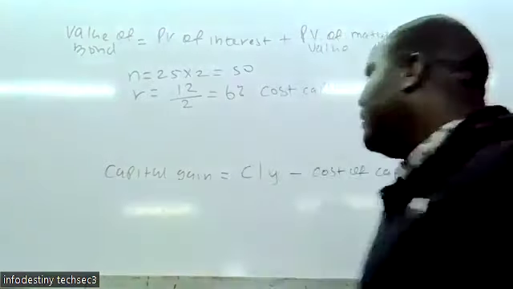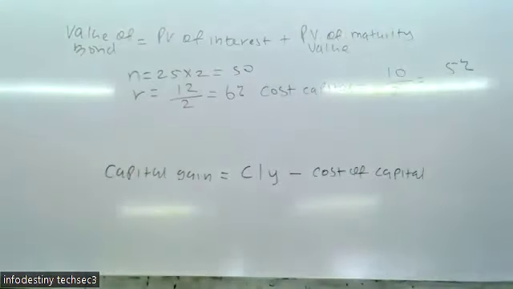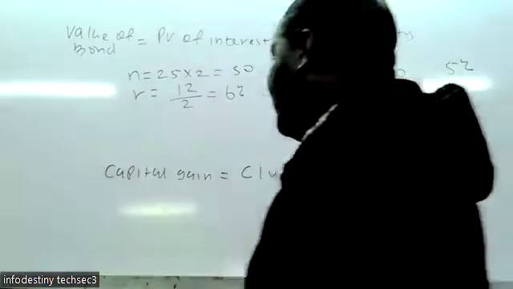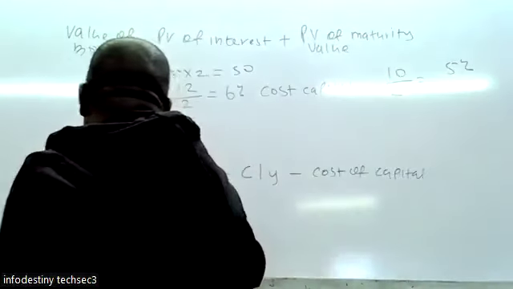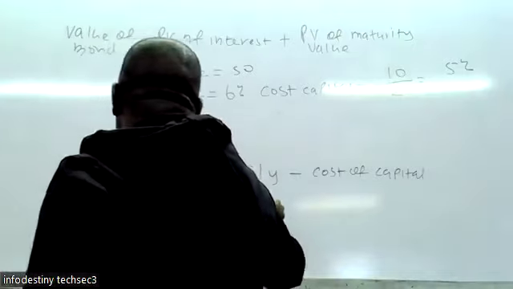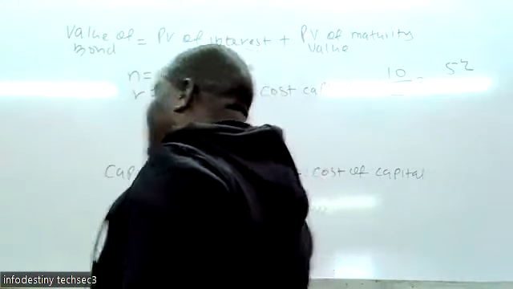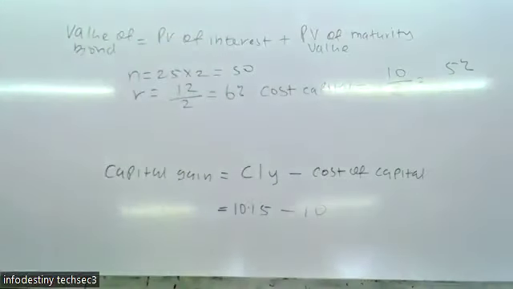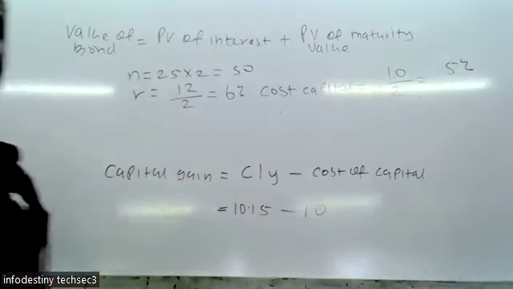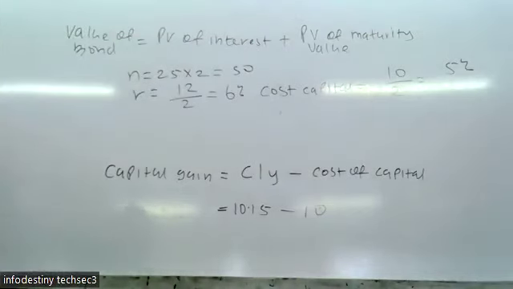Simply subtract the cost of capital. So the current yield, you said it was 10.15. Cost of capital is given as 10% per annum. You consider 10. Yeah. So the difference is what is meant to give you that element of the capital gain. If it was negative, it would be a capital loss, but this one is a capital gain.